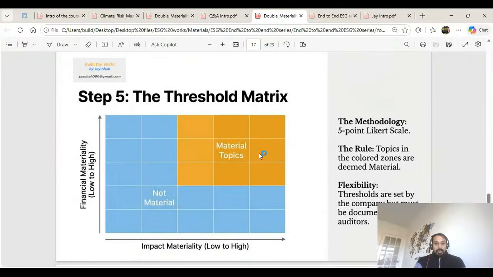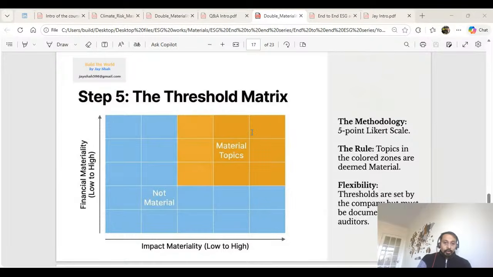Then we now develop a chart, which is a very important part. Here we are going to add not material topics, and here are highly material topics, pointed out by your stakeholders and by your overall score analysis.